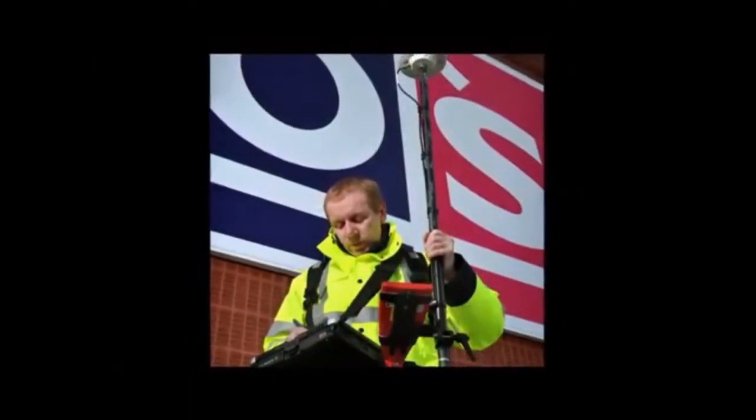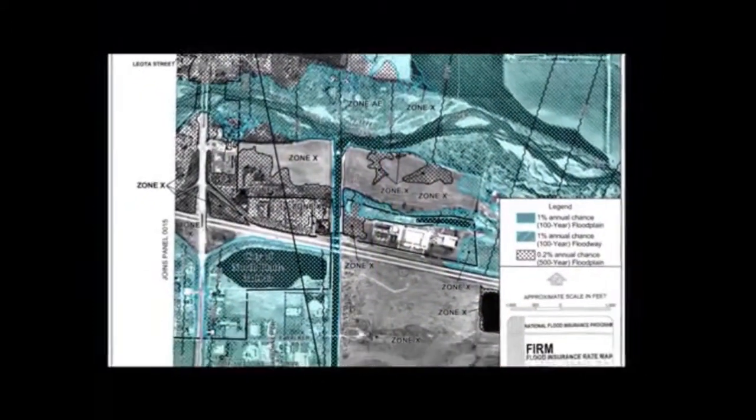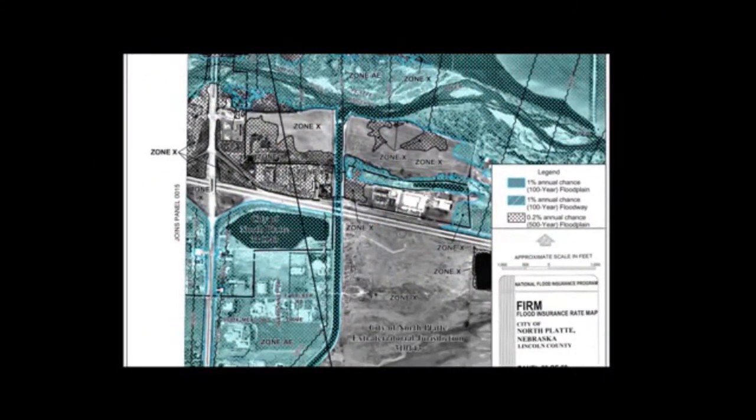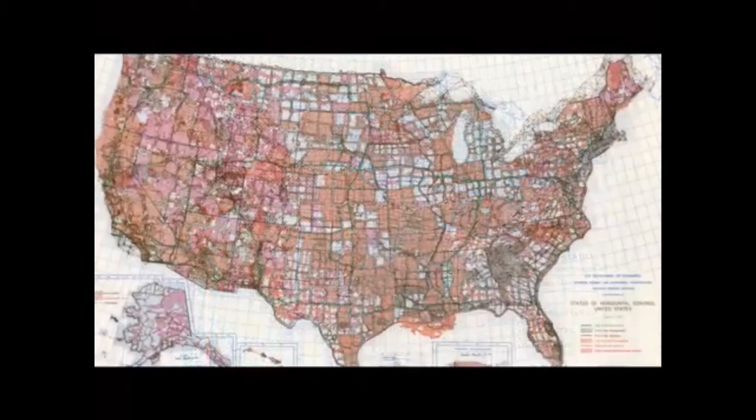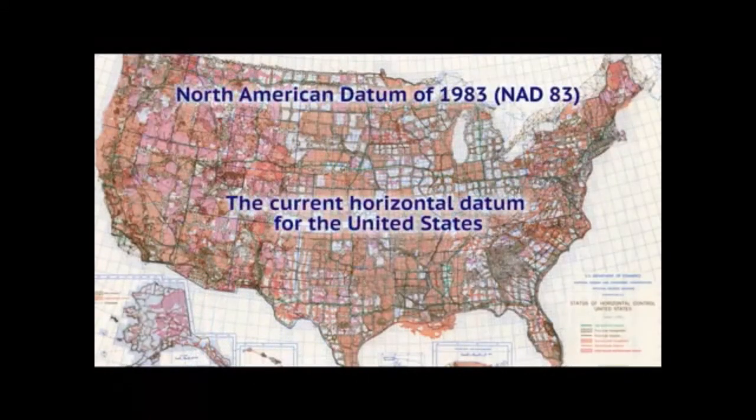Over many decades, surveyors used these tools to create a tremendously accurate reference system across the United States, with many applications and benefits. The North American datum of 1983, called NAD83, is the horizontal datum for the United States, and much of NAD83 is based on the extensive triangulation network established over decades.